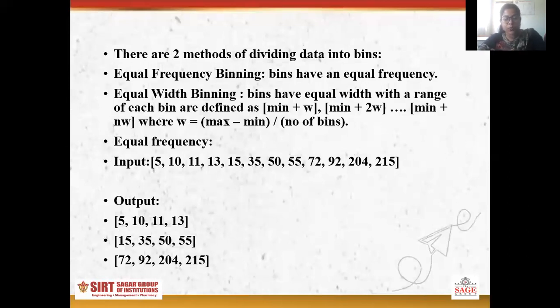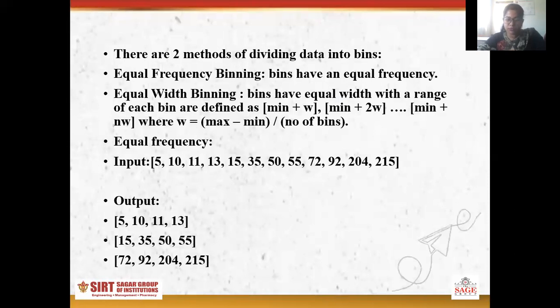Now let us check an example. We have input values 5, 10, 11, 13, 15, 35, 50, 55, 72, 92, 204, 215. Now we can see how many numbers there are: 1, 2, 3, 4, 5, 6, 7, 8, 9, 10, 11, 12 numbers.